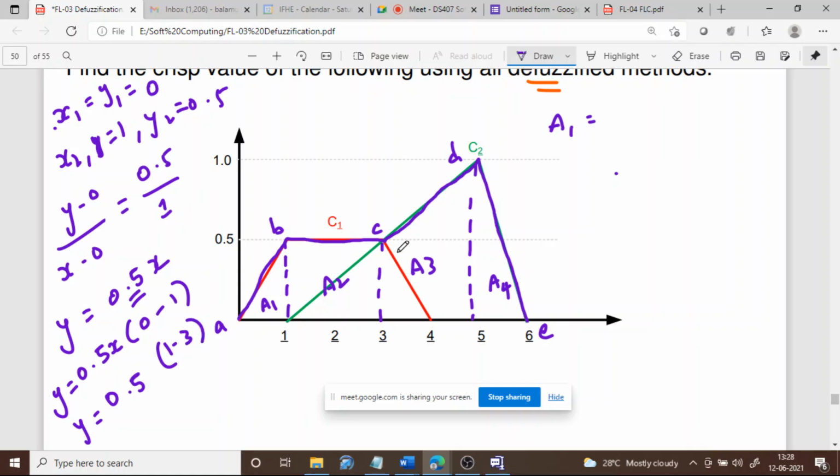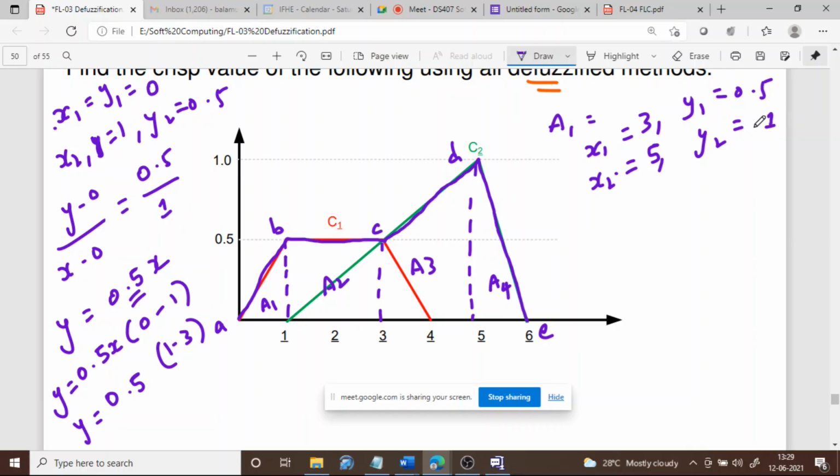Similarly, you calculate for C to D. In this case, what is x1 y1? This C point is x1 y1. What is x1 y1? 3 and 0.5. Yes, x1 is 3, y1 is 0.5. What is x2 y2? D is x2 y2, 5 and 1. Yes, x2 is 5, y2 is 1.